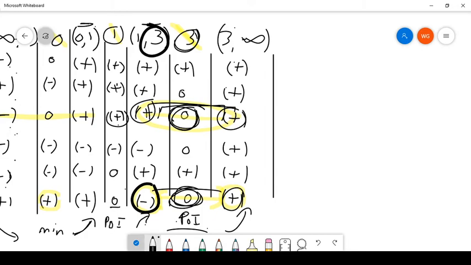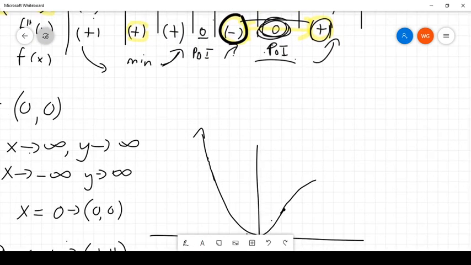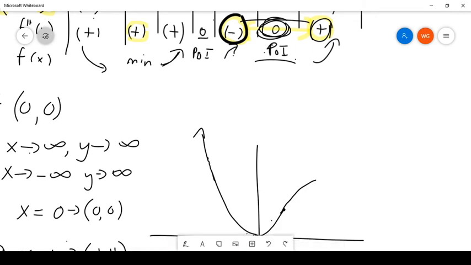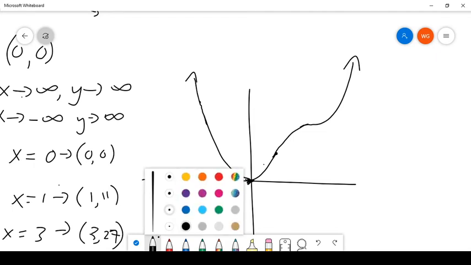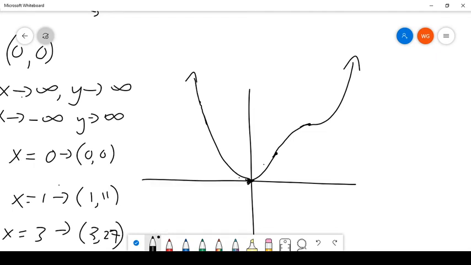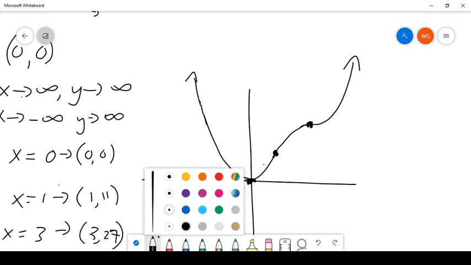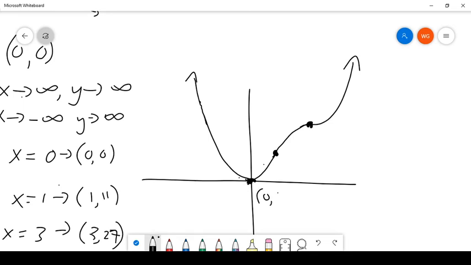So what does that look like? That looks like this. We get a 0 slope, and then it goes concave up. Right there, and right there, those are our key values: 0, 0, here we have 1, 11, and here we have 3, 27.